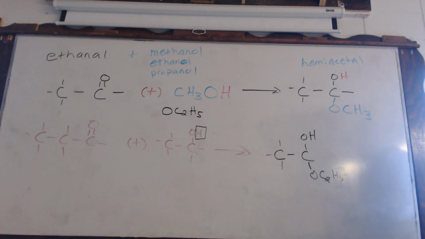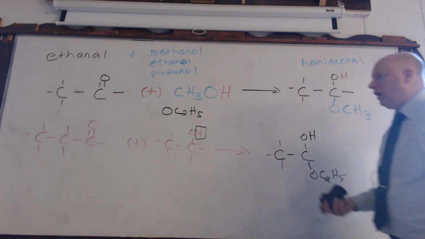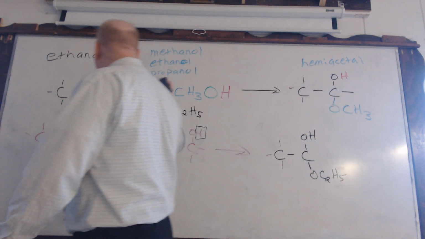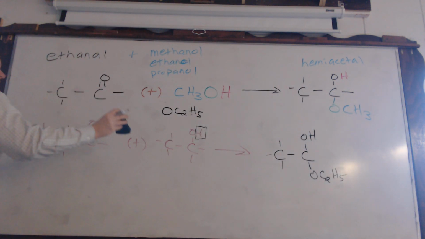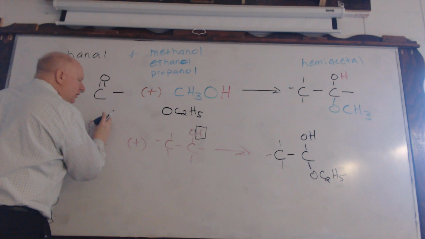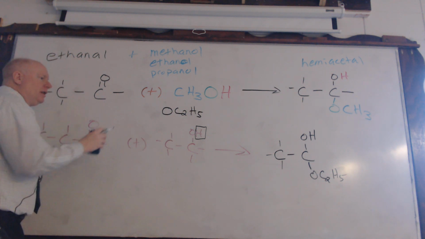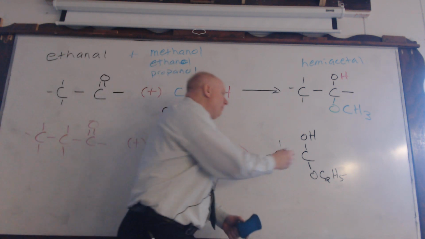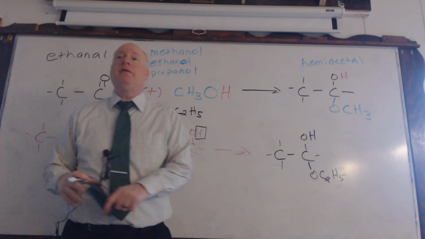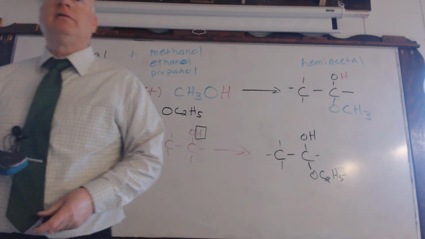All right. Then, of course, you do the same thing with butanol and propanol. Okay? You're just reducing that oxygen and then attaching everything that's left over on the bottom. And then you have your hemiacetal structure.